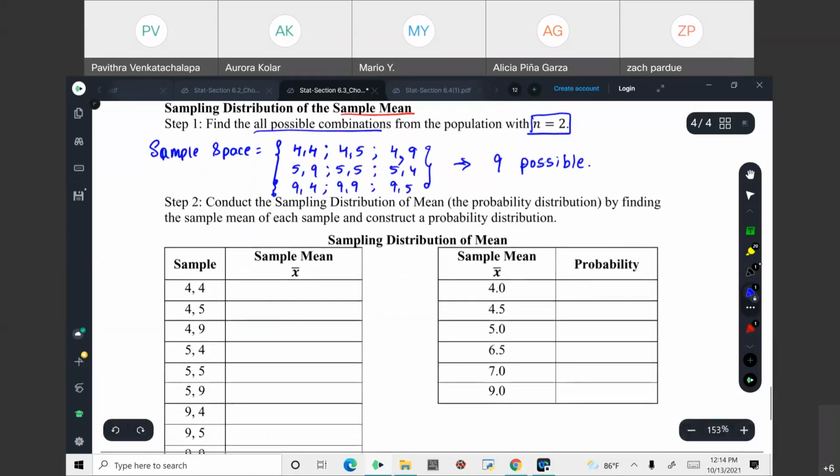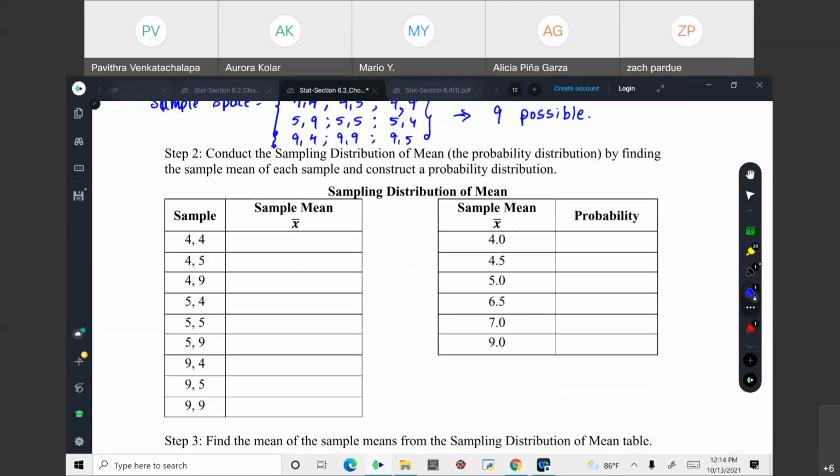Next we need to find the mean for each pair of numbers. So first is 4, 4, that is one pair of random numbers. Now you need to calculate the mean for this pair, that is 4 plus 4 divided by 2, which is equal to 4.